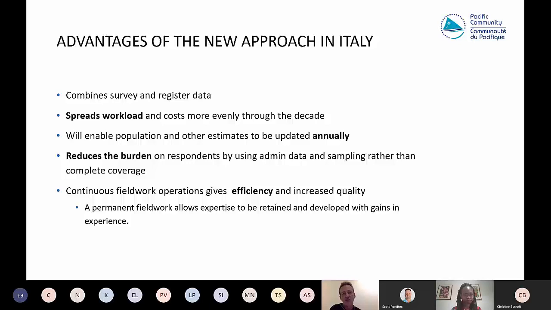It obviously reduces the burden on respondents from using admin data, and only a sample of people are having to respond every year. And because it's a continuous fieldwork operation, that leads to efficiencies and gains in experience.